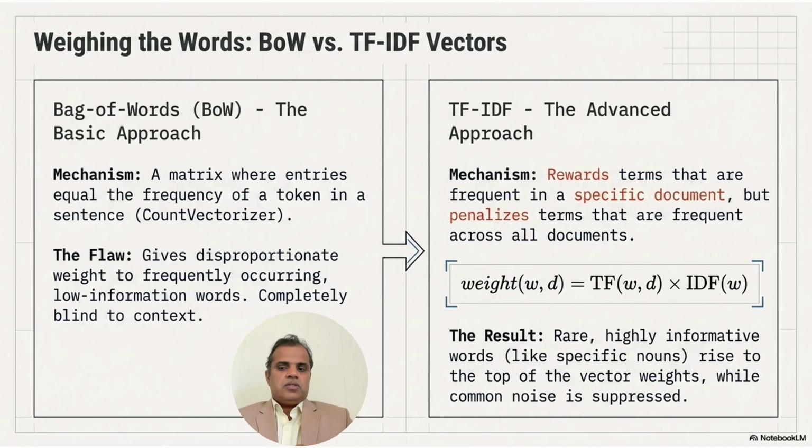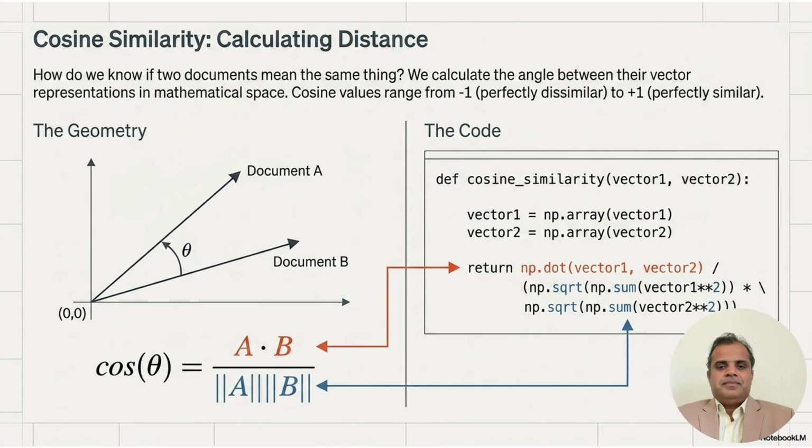TF basically counts how often a word appears in a specific document, while IDF penalizes words that appear too frequently across the entire collection. So by multiplying these, TF-IDF scales up rare, highly informative words like specific nouns and suppresses common noise. This ensures our mathematical representation actually captures the unique signal of each document.